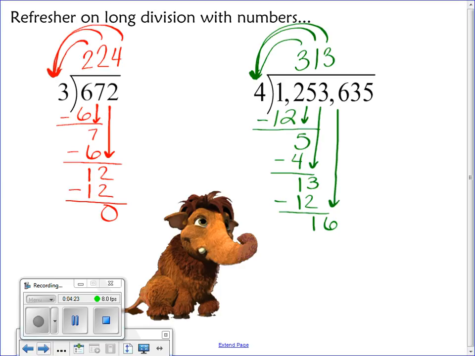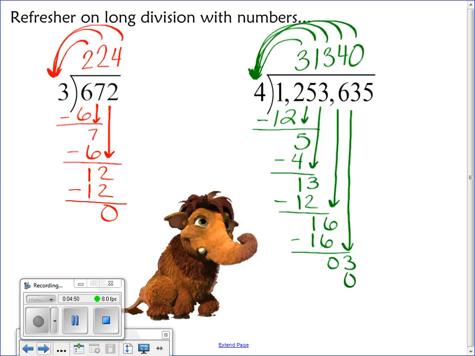How many times does 4 go into 16? 4. We multiply. 4 times 4. We subtract. That's 0. Drop down the next number. This is so calming. How many times does 4 go into 3? 0. We multiply. 0 times 4 is 0.